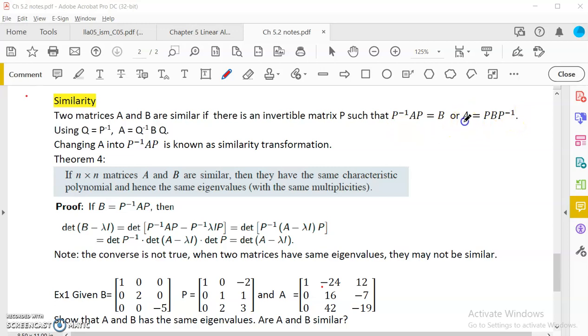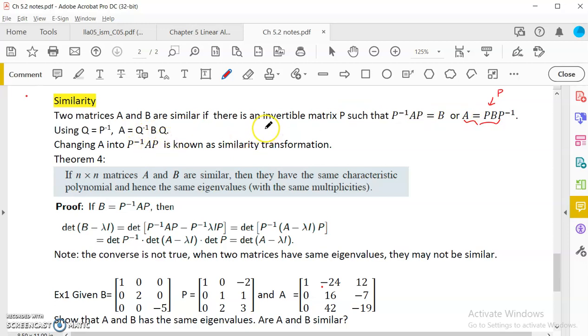So this is what we're looking at. If I can find a P such that when I multiply P in front of B and P inverse behind, I get exactly A, then we can say B is equal to P inverse A times P.